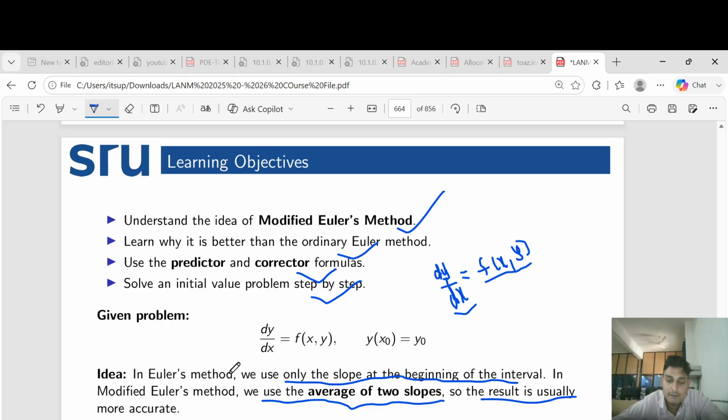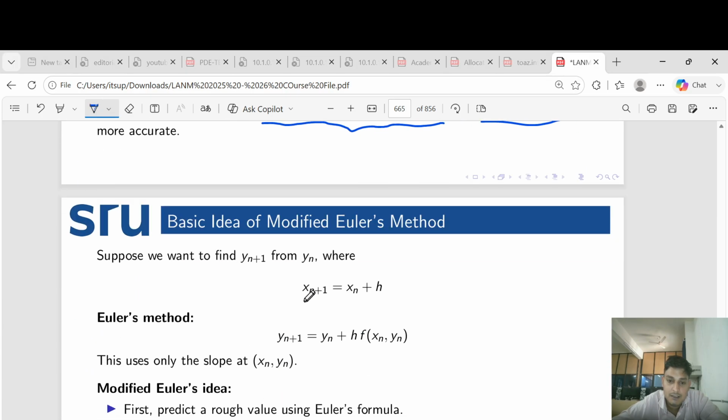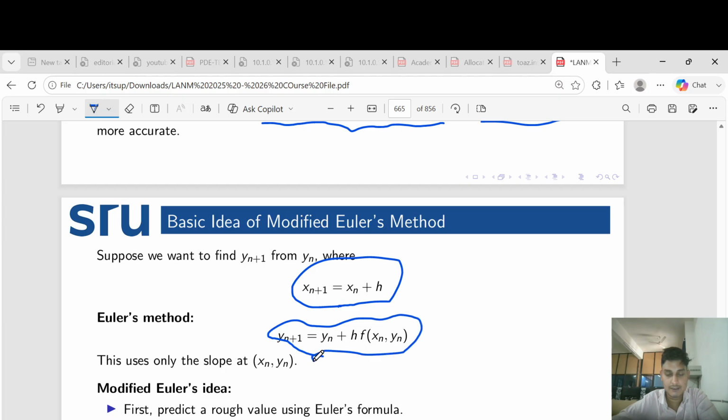And in Euler's modified method, we use a two-slope formula. So this is something different. Suppose we want to find y(n+1) from yn, where x(n+1) = xn + h. Euler's method means y(n+1) = yn + h f(xn, yn).